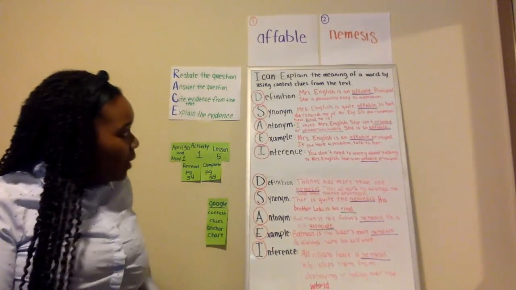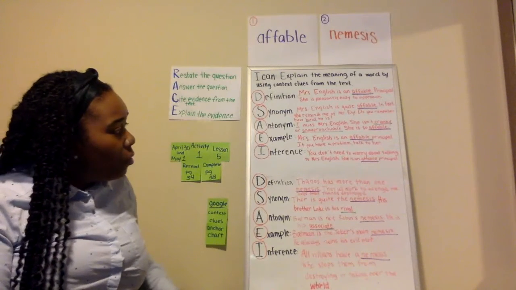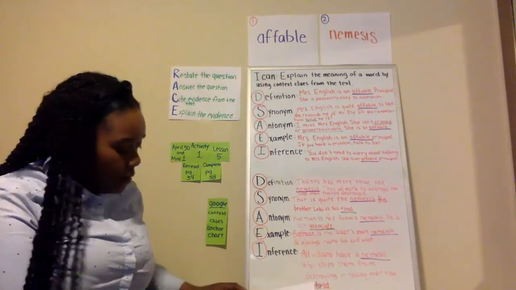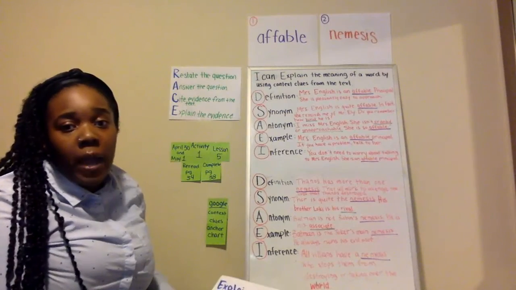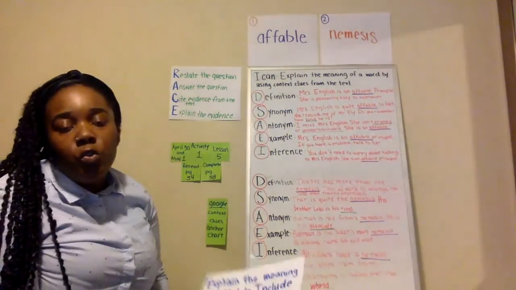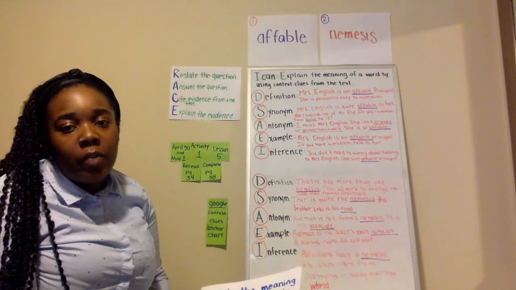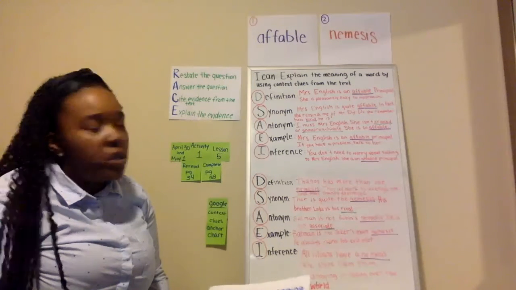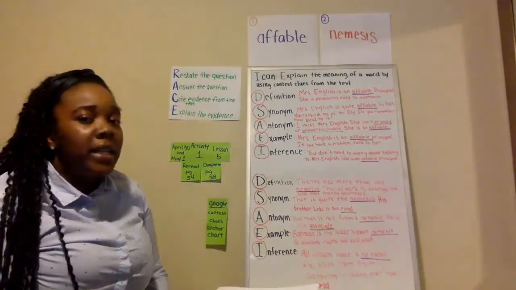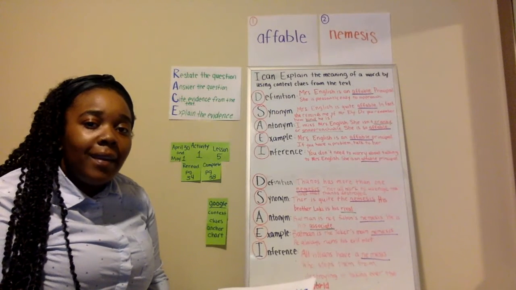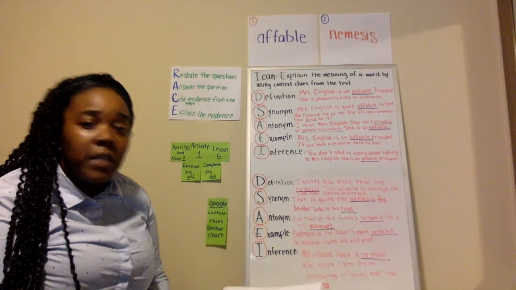Now that I've gone through and figured out, based on my context clues, what the word affable means, I'm going to use my RACE strategy to make sure that I correctly and fully answer the question. RACE stands for R, restate the question. A, answer the question. C, cite evidence from the text.